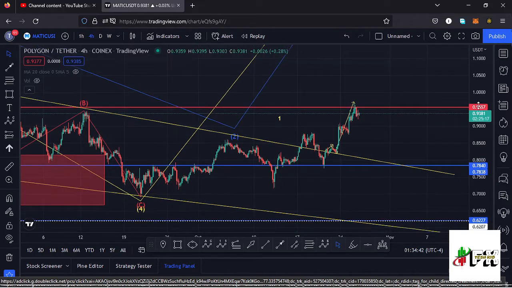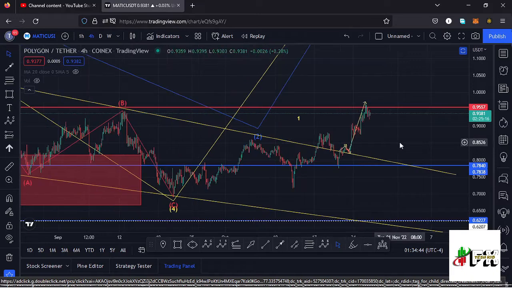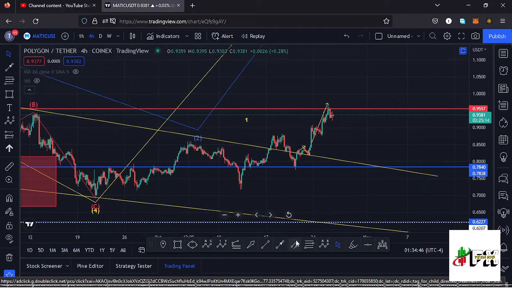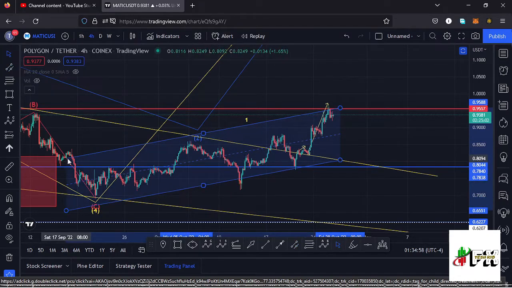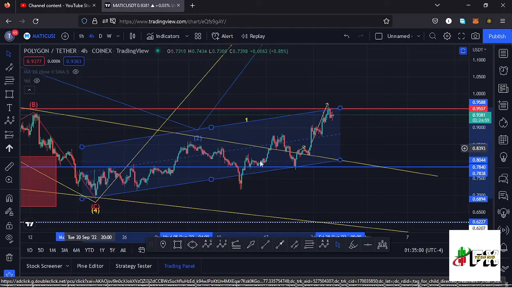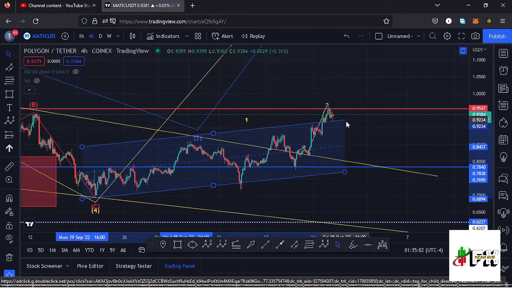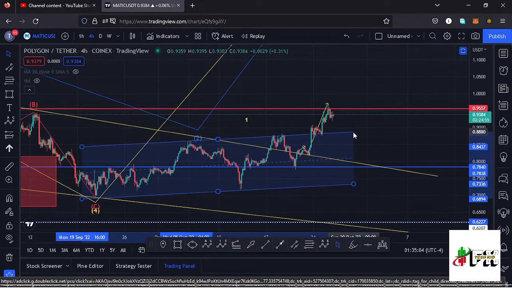And there's also another channel that I had right here, and if I draw it out, we can have this as the upper side of that channel right there. Then the lower side, and I need to extend this channel because it's starting right there. And we have also seen a breakout out of this channel also.